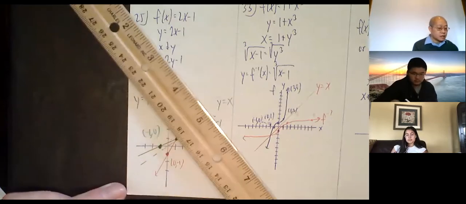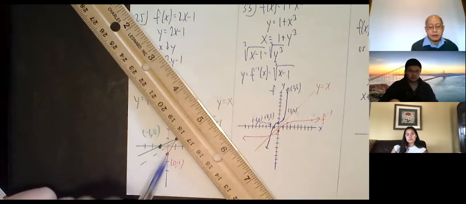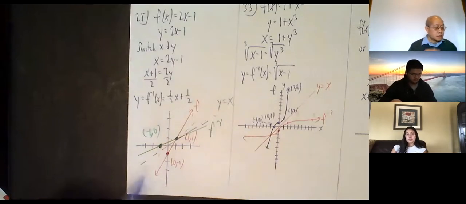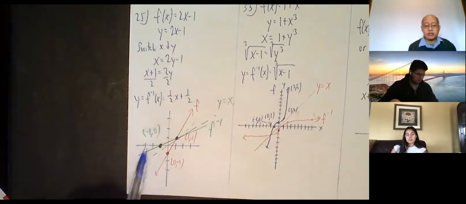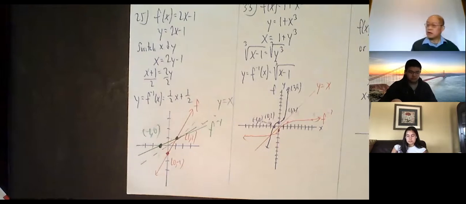And then look at this part separately. If I continue with the line y equals x, the green and the red, it looks like one is a reflection of the other. And it looks like the domain and range for both functions is all real numbers. Domain is all reals, and range is all reals for both of them.